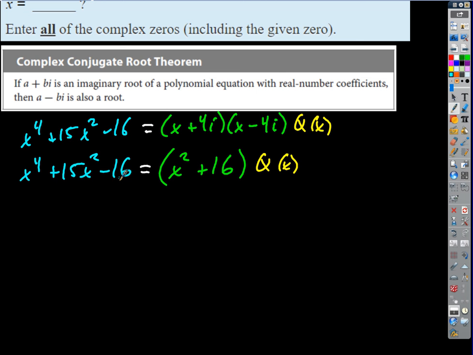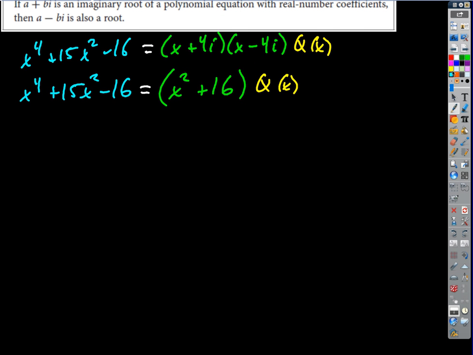So if I want to solve for q, all I've got to do is divide my original polynomial by x squared plus 16. Now, the downside is I can't use synthetic division. I've got to use long division, but that's all right. It's not that big a deal.